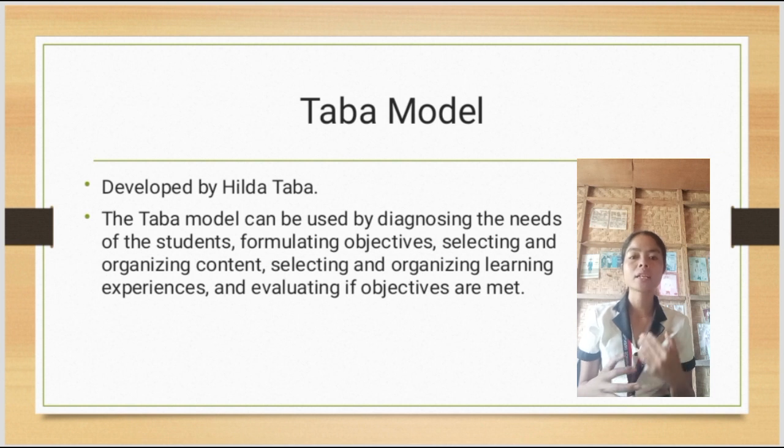Third is selecting content. Once the objectives are clear, the next step is to choose the content that will be taught. This includes deciding on the topics, facts, concepts, and ideas that are important for students to learn.